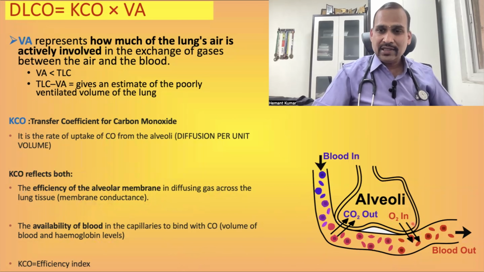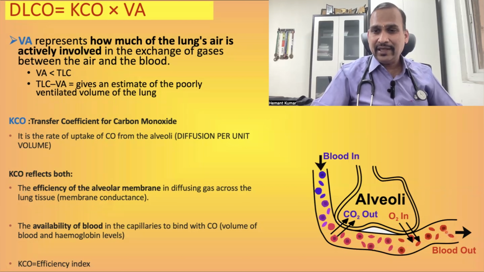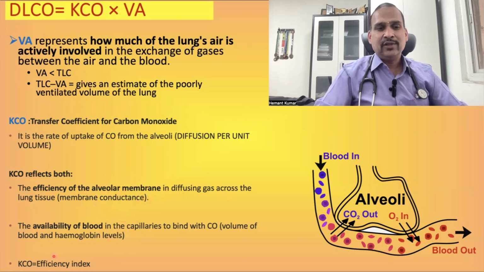So KCO depends on blood and the efficiency of the alveolar membrane. This is called the efficiency index.